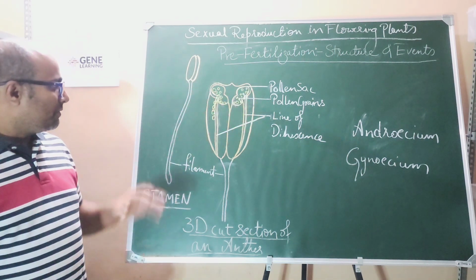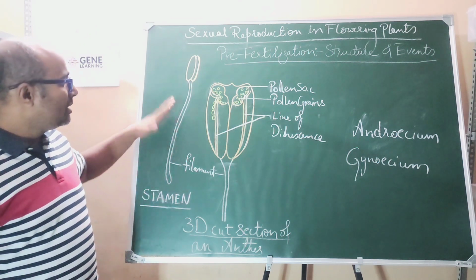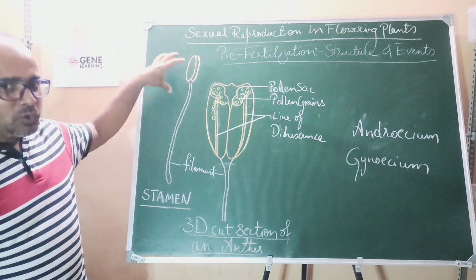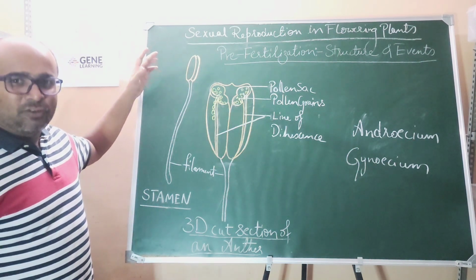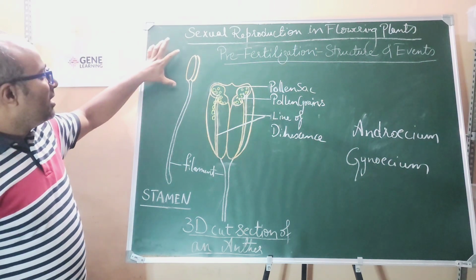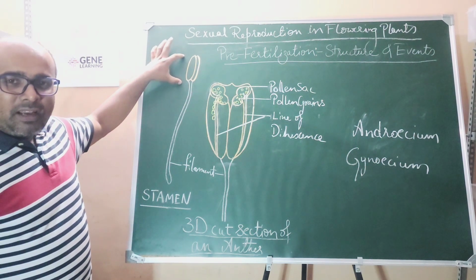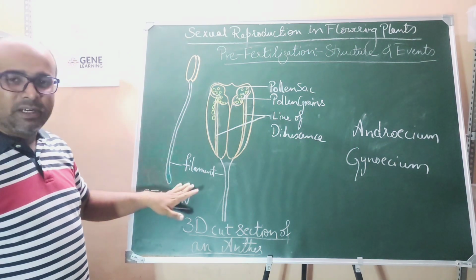Now look at the stamen. The stamen consists of two different parts. As we have discussed already, but let us go through it again, it consists of an anterior anther and a stalk-like filament.